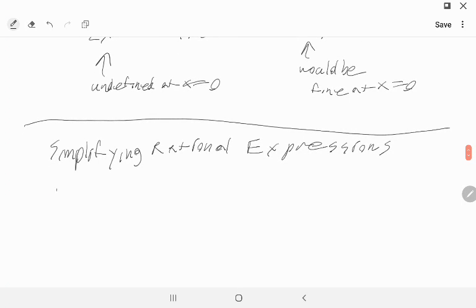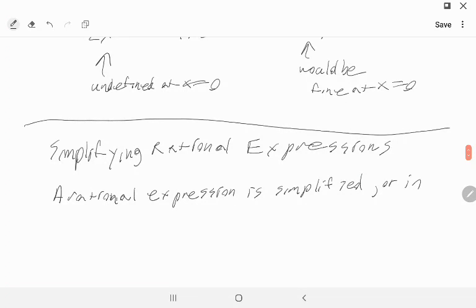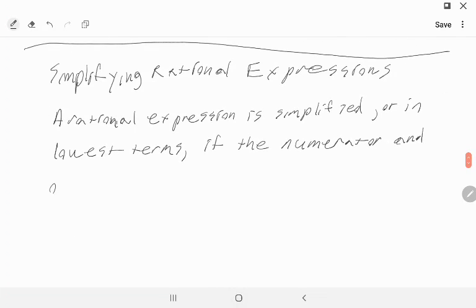We notice that a rational expression is simplified, or in lowest terms, if the numerator and the denominator have no common factors.